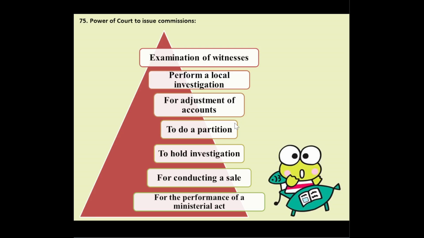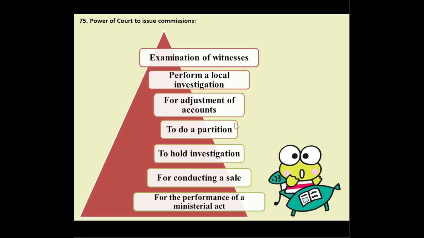So, starting with section 75, the title of the section 75 is Power of Court to Issue Commissions. So, there are various purposes as per section 75 why a commission is to be issued and for what purpose the commission may be issued by the court. So, first of them is for the examination of witnesses. Then, to perform a local investigation if the court deems necessary, then the court may issue the commission.